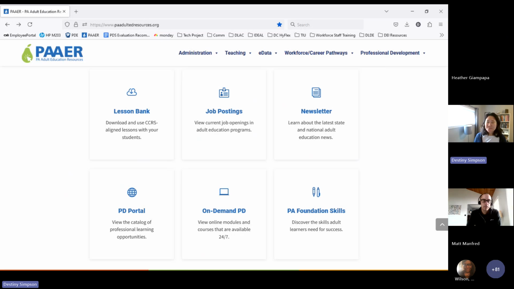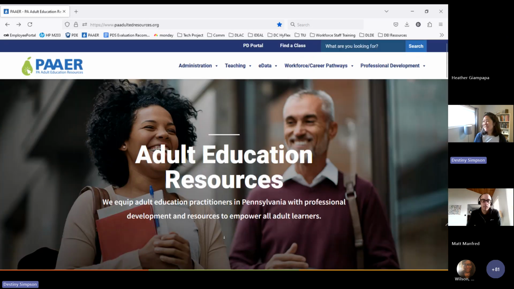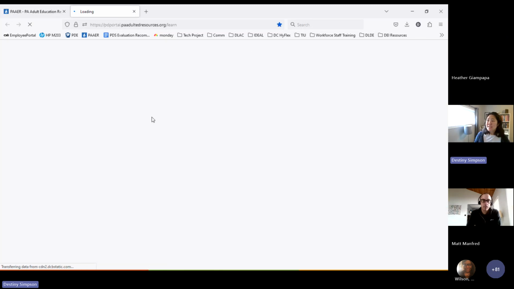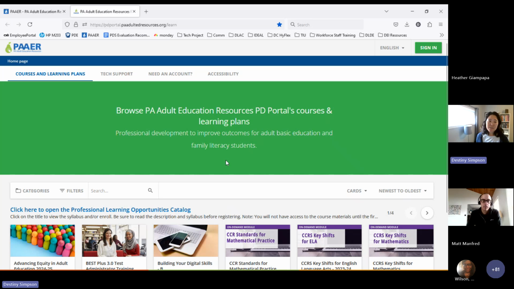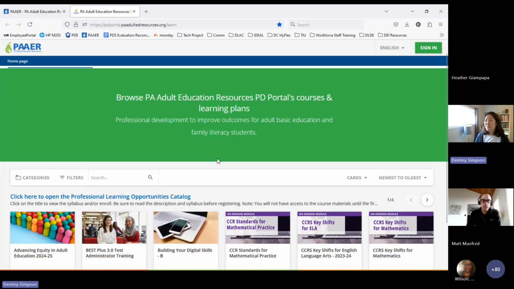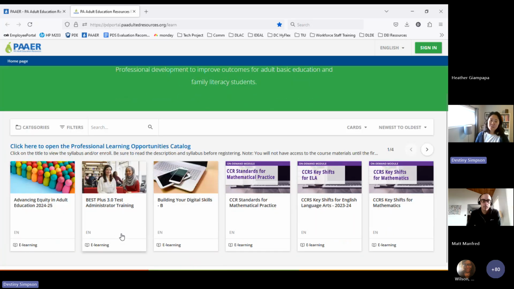The last thing I want to highlight is we made a quick link to the PD portal. This is our learning management system that you and your volunteer tutors, as well as your staff, would use to access materials. The one thing I want to highlight, because this seems to be a question that we get a lot from the PD portal tech support emails, is people say, I can't find the course that I need to register for.